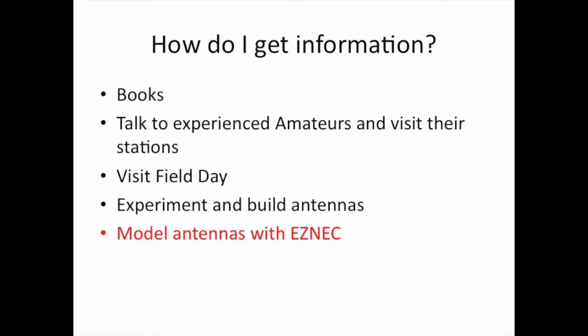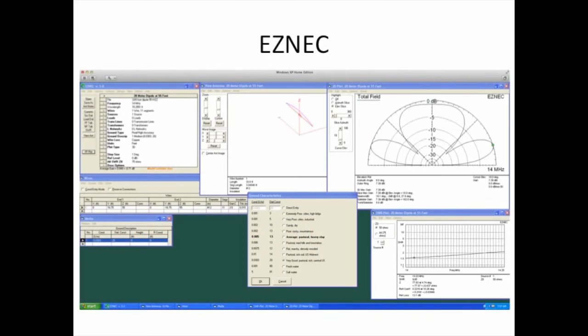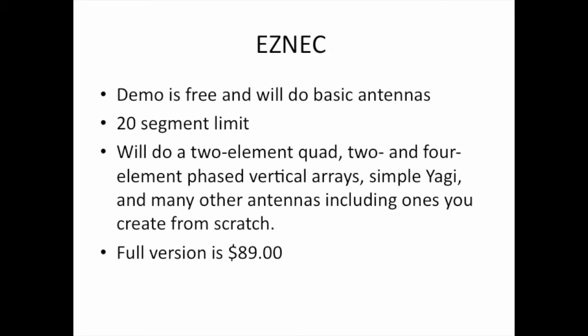And you can model antennas with EZNEC before you build them, or you can do it after you build them. EZNEC is a free antenna program. It's a little bit limited in the free version, but it's quite usable.